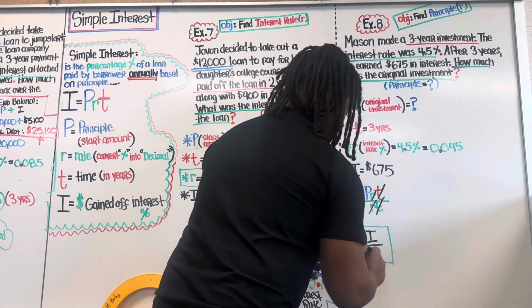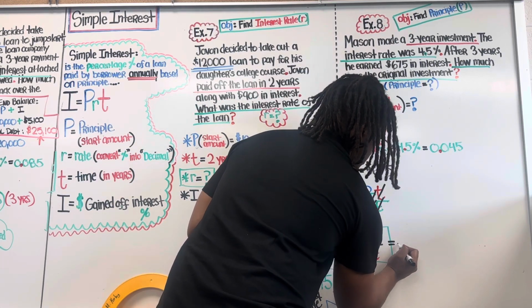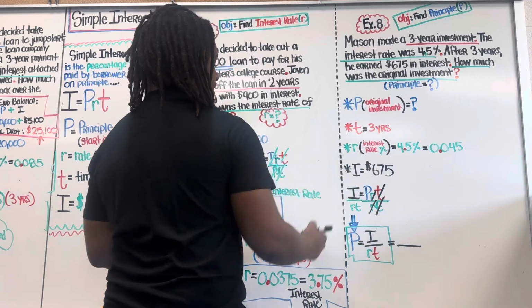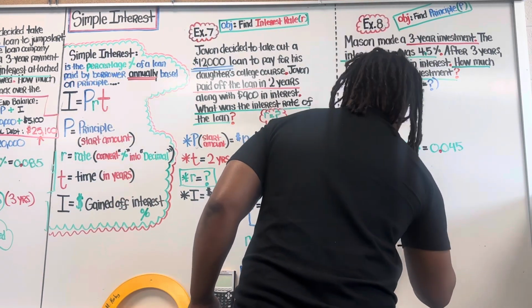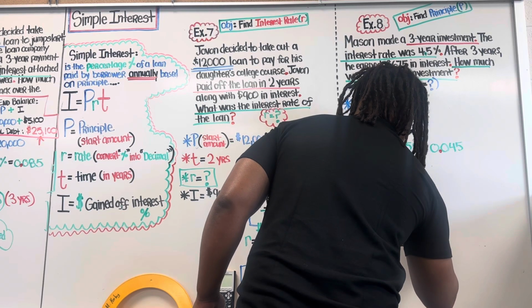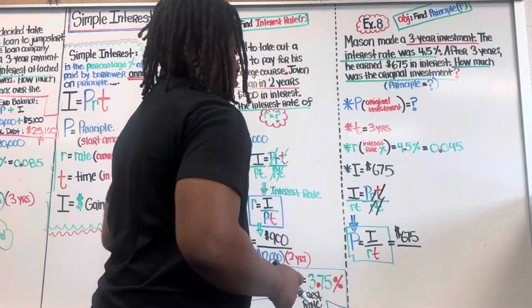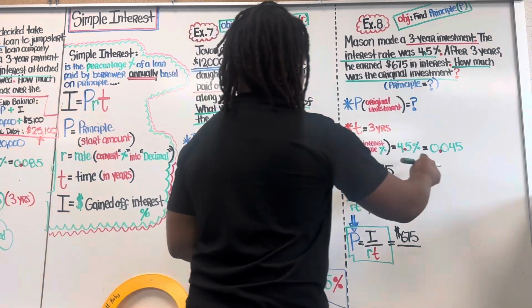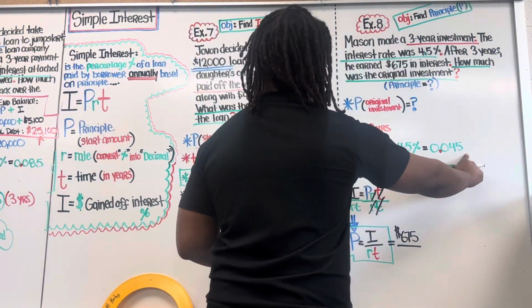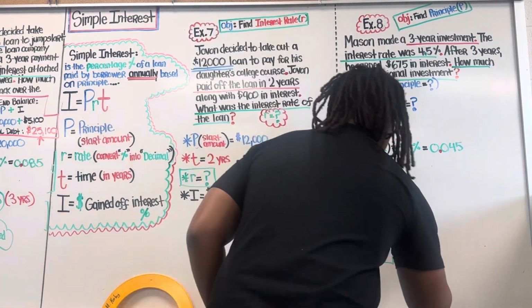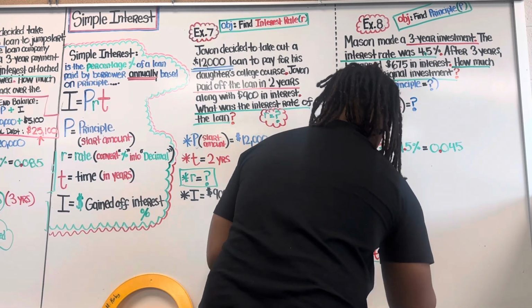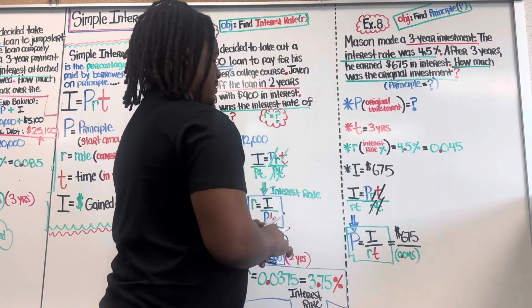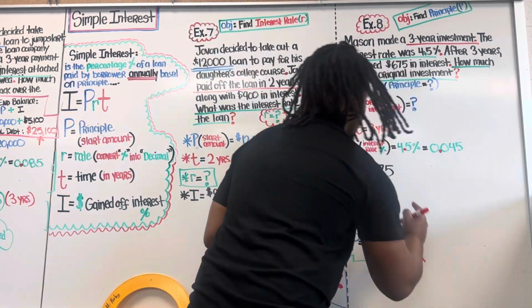All we need to do is plug in. We have I is $675. The investment increased by $675 after 3 years. The interest rate was 4.5%, but we're going to write it as a decimal, 0.045, times the number of years, which is 3.